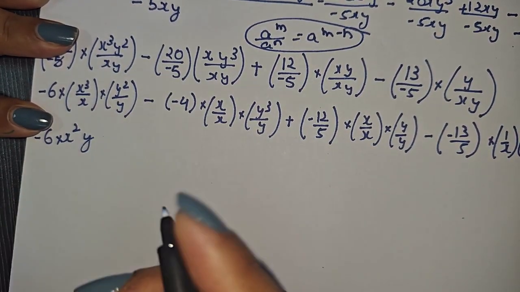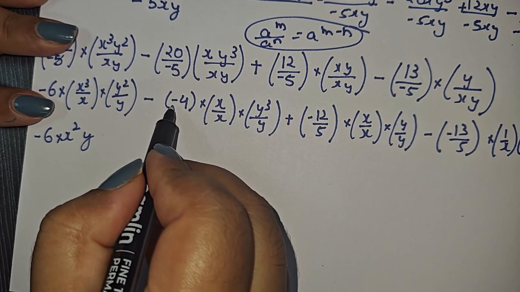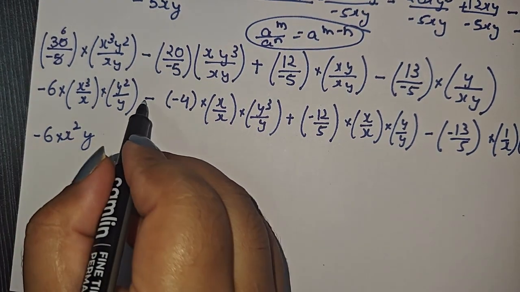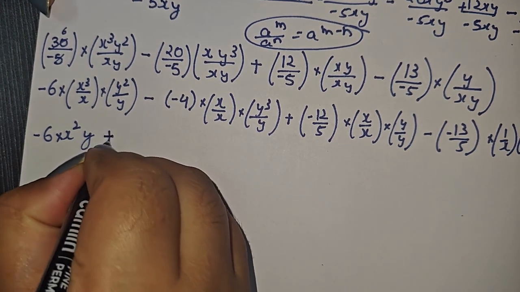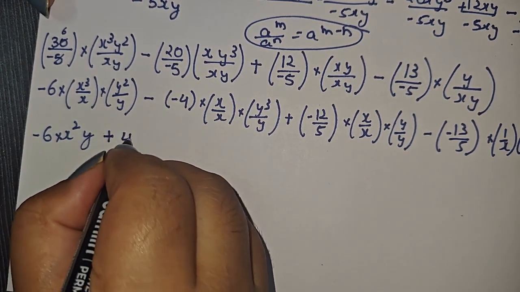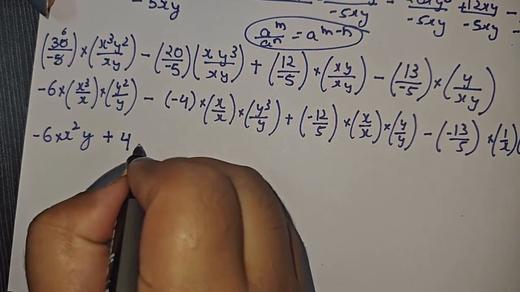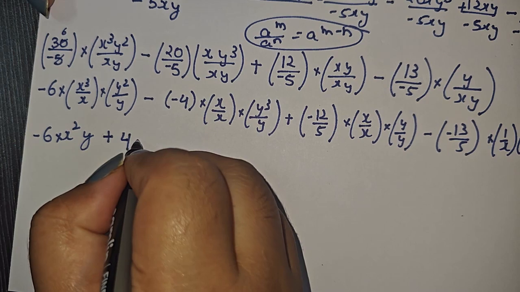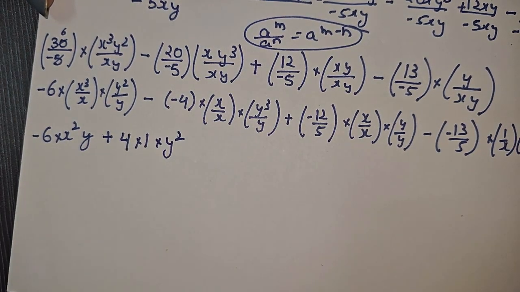Now we will come here. We have a minus sign and we have a minus in the bracket. So we have seen minus minus is plus, so when we open the bracket, we write 4. This one will be 1, okay, and this one will be y square.